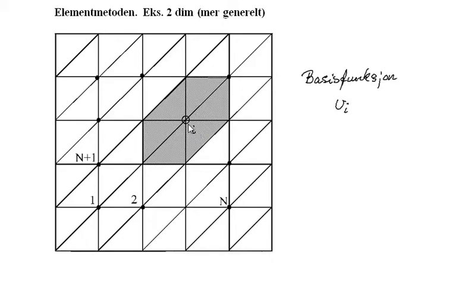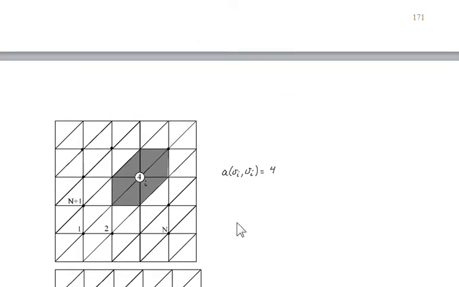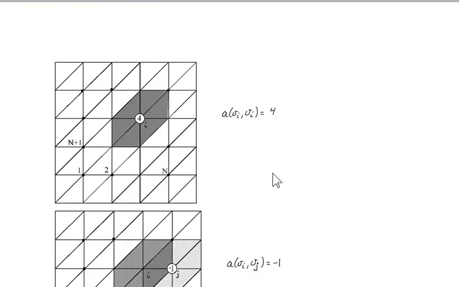The pairing of vi with itself is in the same manner as for v1 equal to 4. Let's just illustrate this. Here in this gray area we have the support of vi, and the intersection of the supports of these two identical functions is of course the same region, and it's equal to 4.